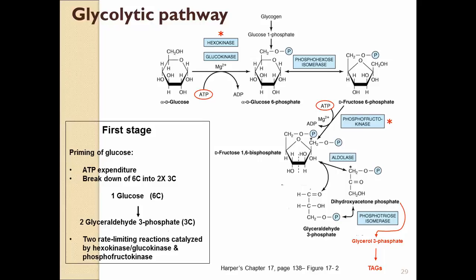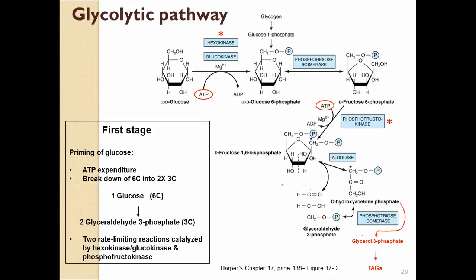What you need to remember are the rate-limiting reactions. The first reaction, in which glucose is phosphorylated to glucose 6-phosphate, is rate-limiting, meaning this reaction is controlled. It is catalyzed by the enzyme called glucokinase or hexokinase. The two different enzyme names depend on the tissue.